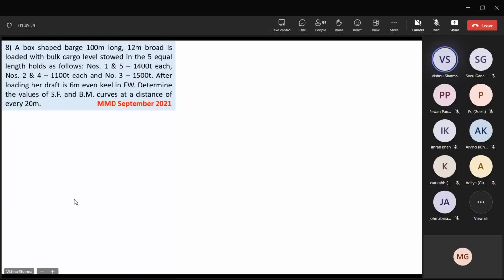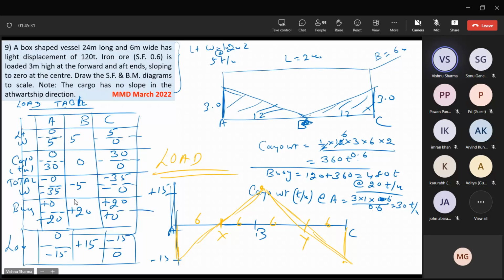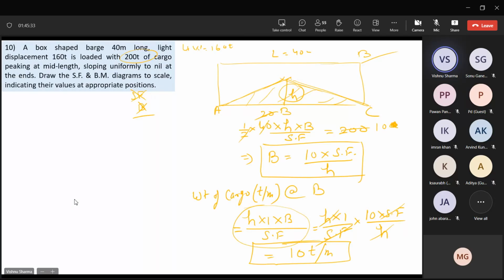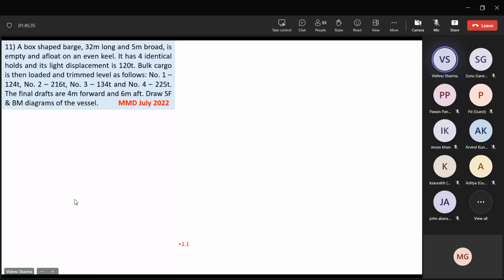Okay. Guys, we come to the last question where I don't know why they messed it up. And yesterday I digitized this question. A box-shaped barge, 32 meter long, 5 meter broad, is empty, afloat on even keel. Empty on even keel means light displacement is uniformly distributed.